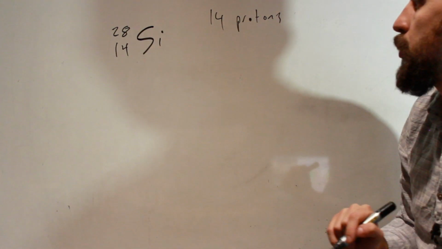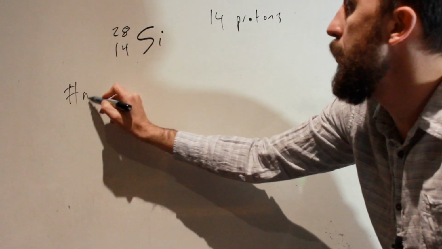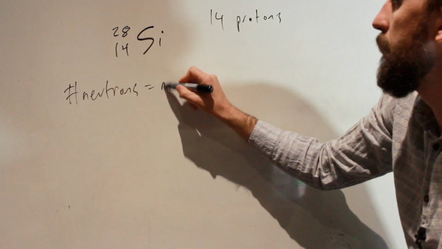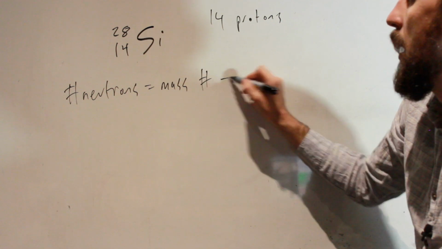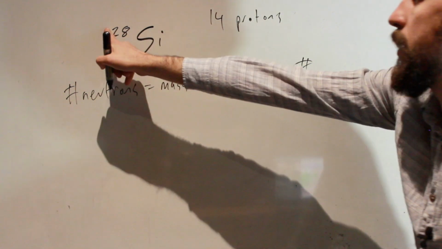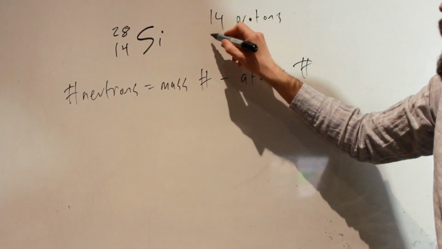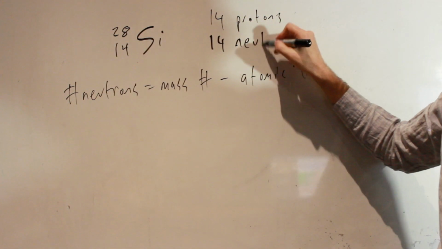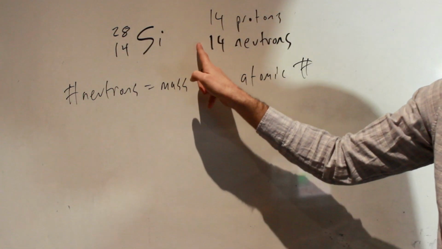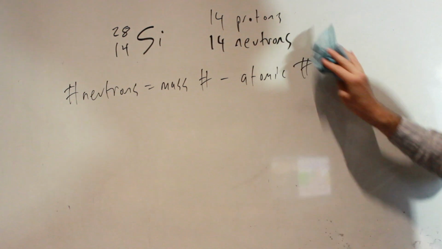Next, we can get the number of neutrons. The number of neutrons is equal to the mass number minus the atomic number. So we get the mass number of 28, we minus 14 from that, we're going to end up with 14 neutrons. We can double check our maths there because 14 plus 14 equals 28.